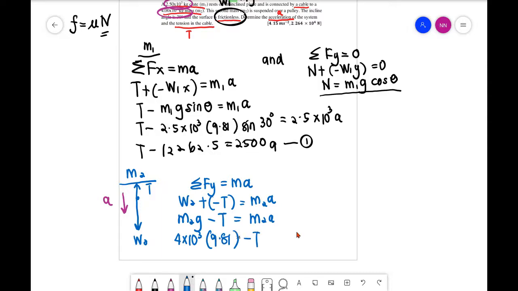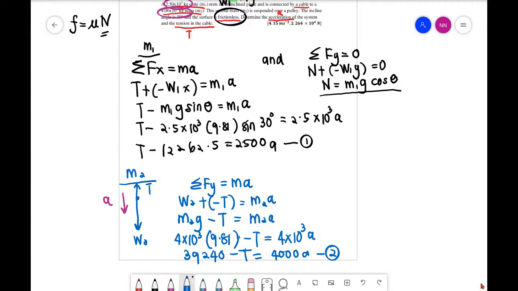So 4 times 10 to the power of 3 times 9.81 minus T equals 4 times 10 to the power of 3 A. Calculating 4 times 10 to the power of 3 times 9.81 gives 39240. So 39240 minus tension equals 4000A. We have a second equation with two unknowns, T and A.